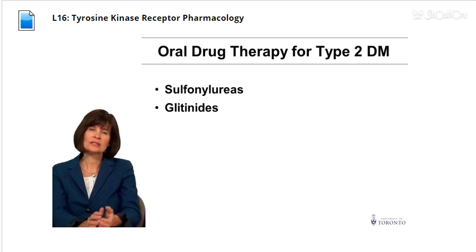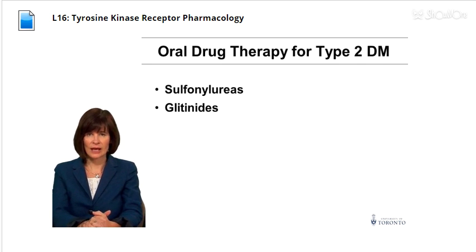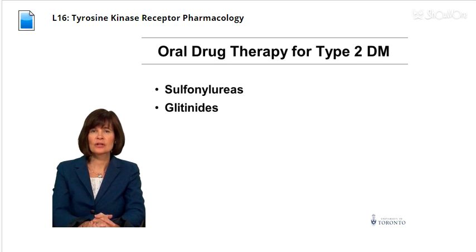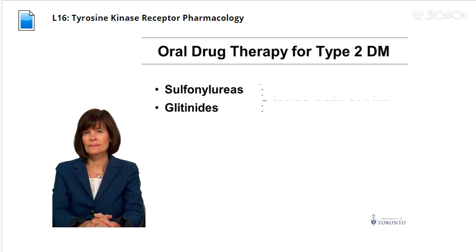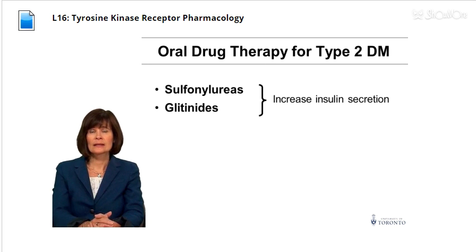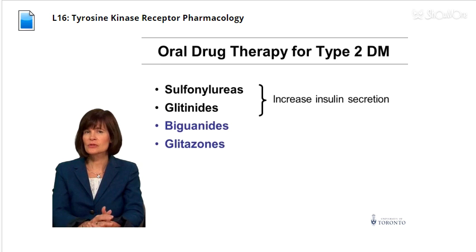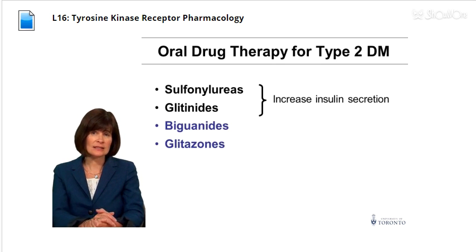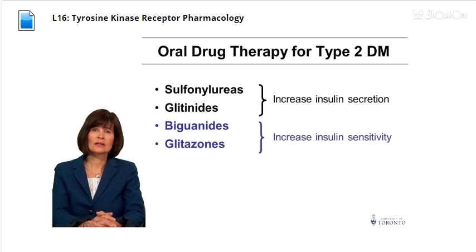Drugs that are used to treat type 2 diabetes fall into several categories. The first are the drugs that increase insulin secretion, and these are drugs such as older sulfonylureas and the newer glinides. The second group of drugs increases the tissue responses to insulin, so they are known as insulin sensitizing drugs, that include these drugs shown here on the slide.